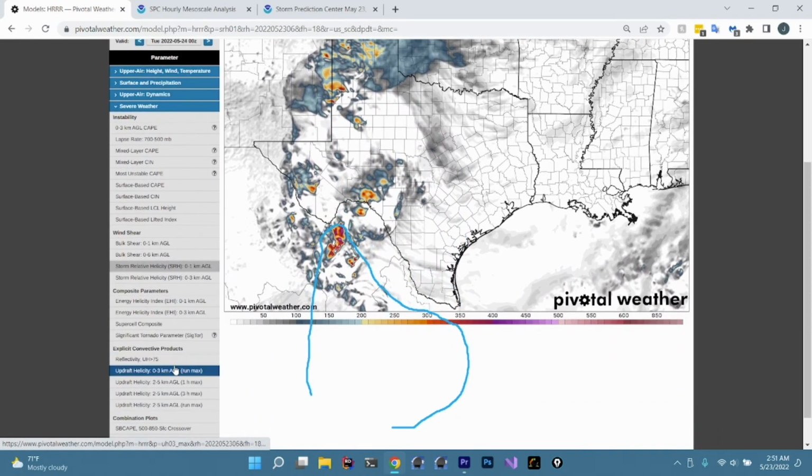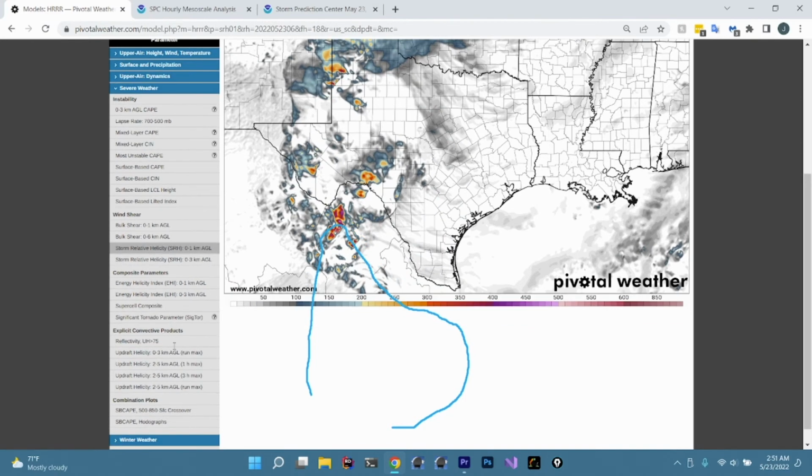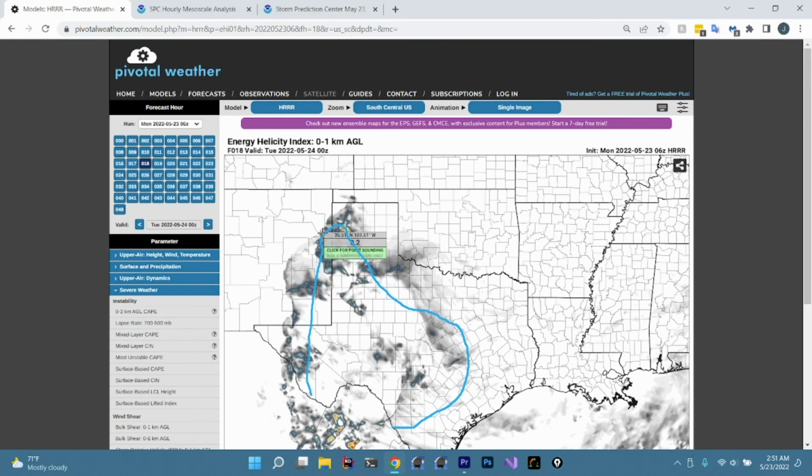And then finally, I guess we can look at some of these other parameters, where our energy helicity index, which is an index that combines surface-based CAPE and storm relative helicity at the different layers, basically combining energy and wind shear together into a single value.